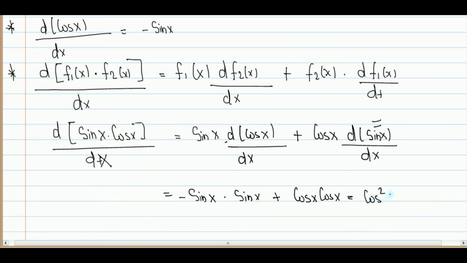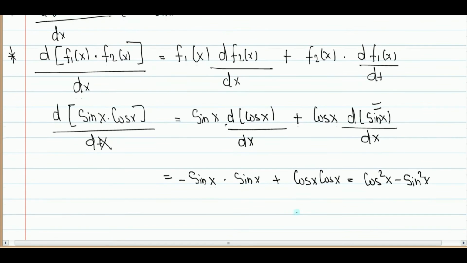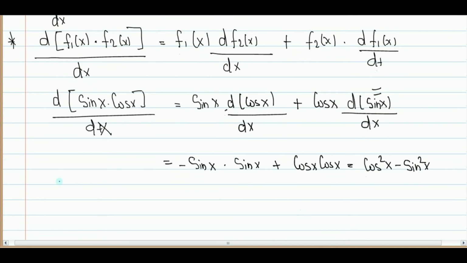So that will be equal to cos square x minus sin square x. Fine. So this is how you get the differentiation of sin x into cos x using the formula for the differentiation of a product. This is not a theory actually, this is only a formula.